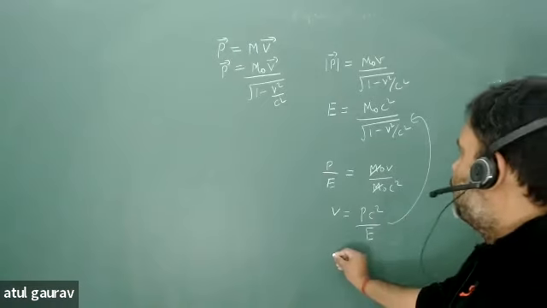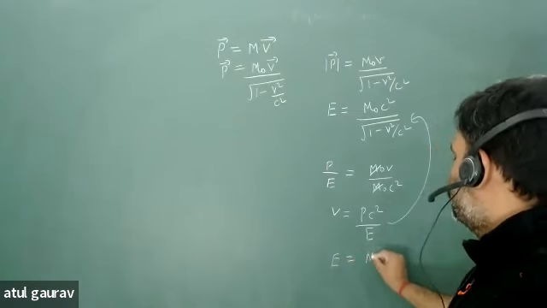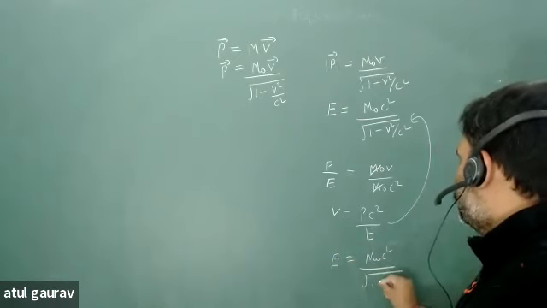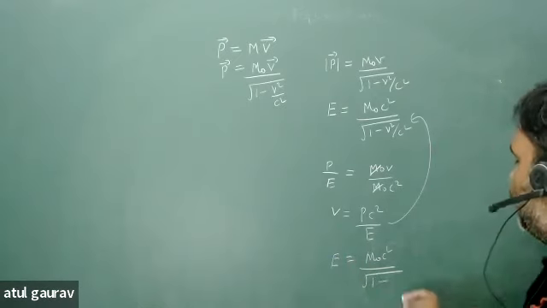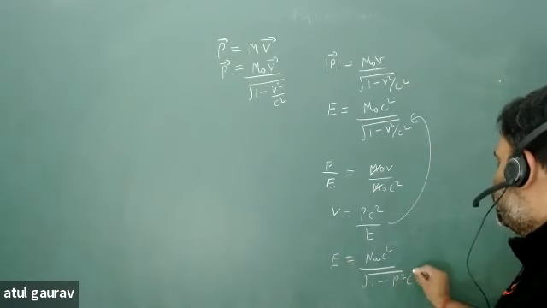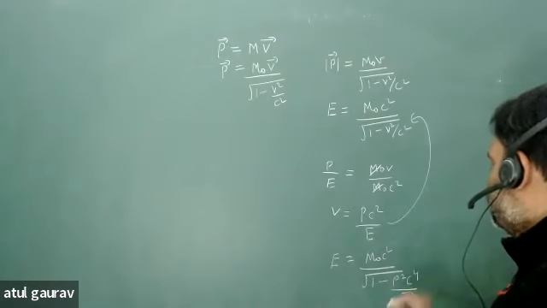Just look at here. E square plus p square. E is equal to m naught c square root under 1 minus, ये क्या आ रहा है? p square c4 upon e square, है ना?